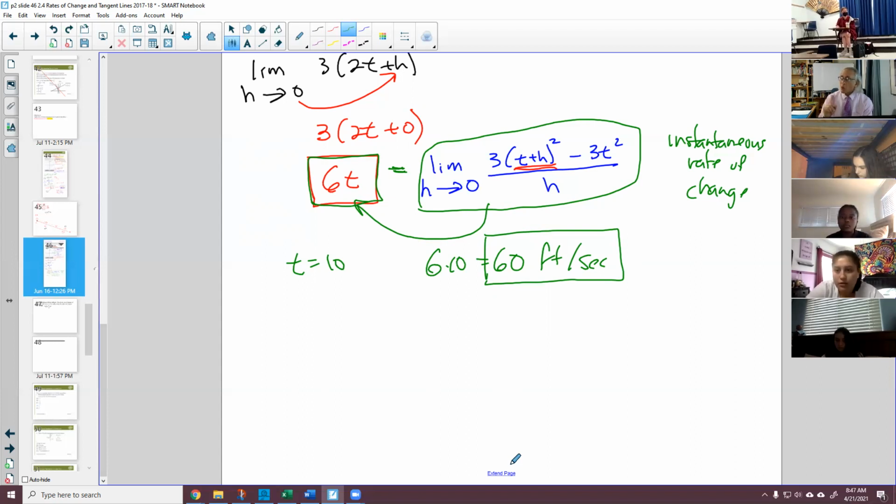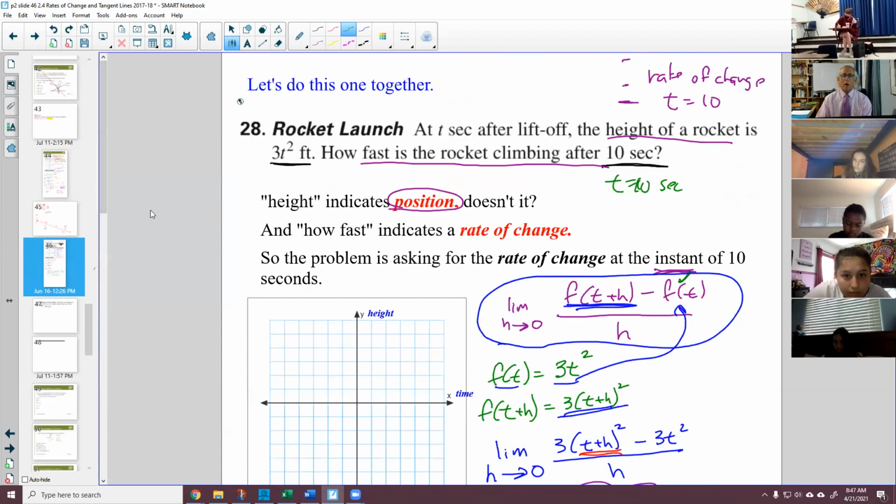How high above the ground is the rocket after 10 seconds? I want you to think about that for a second. Let's go back to the problem here. Jordan, how high off the ground is the rocket after 10 seconds?